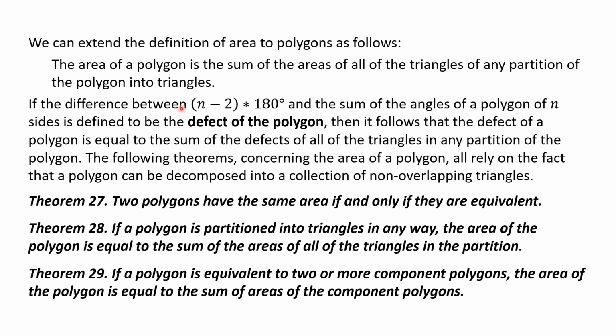If the difference between n minus 2 times 180 degrees and the sum of the angles of a polygon is defined to be the deficit of a polygon, which is what we're going to do, then it follows that the deficit of a polygon is equal to the sum of the deficits of all the triangles in any partition of the polygon. That's just justifying our definition of area for a polygon.